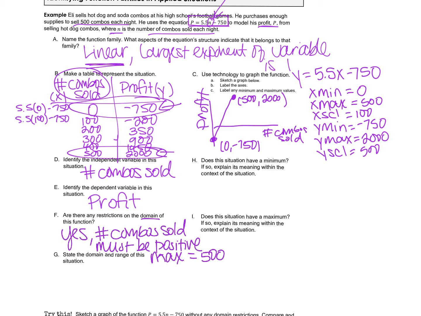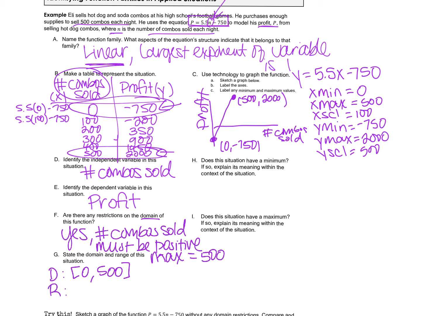Okay, G, state the domain and range of this situation. So your domain is X, so we're talking about the number of combos. So we are going from 0 to 500. So you can either use inequality or interval notation. So I'm going to use 0 to 500. And we need brackets because it does include the 0 and it does include the 500.